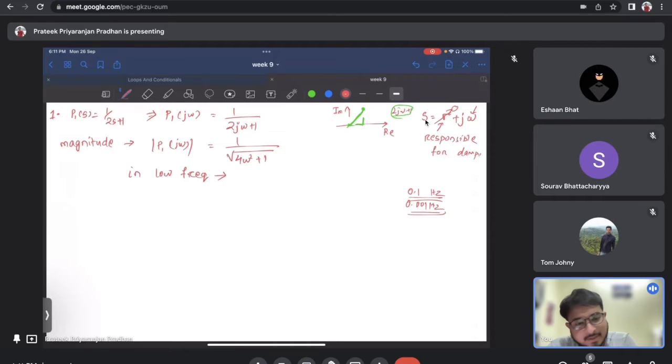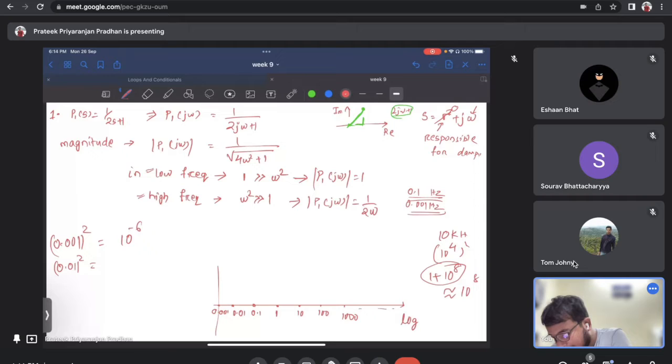It will be 10 to the power minus 6. Am I correct? What is the square of 0.01? It will be 10 to the power minus 4, which is very less in comparison to 1. That's why I can approximate 1 plus omega square as 1 for low frequency.